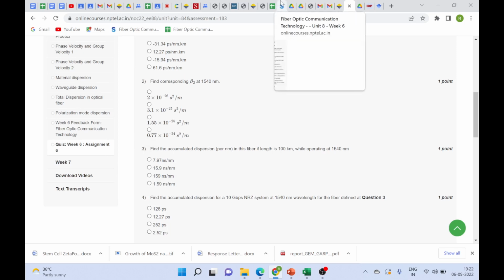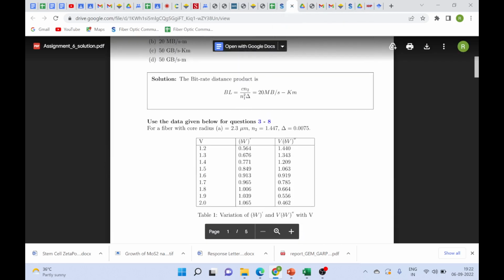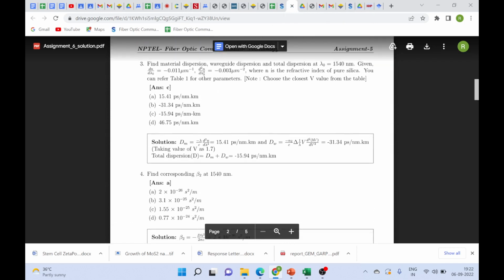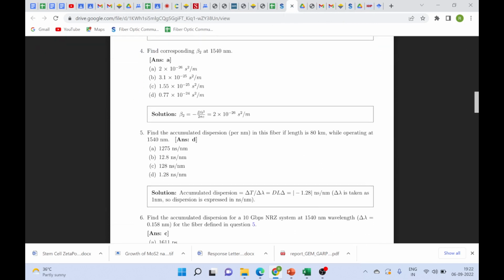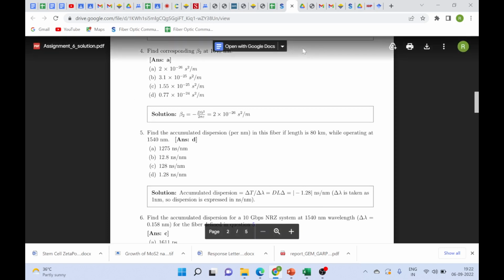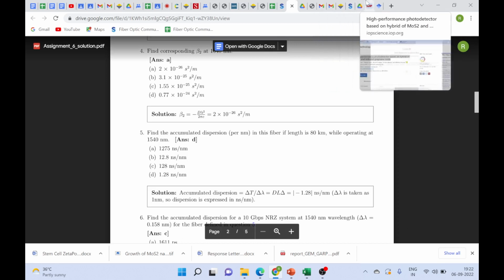Accumulated dispersion in the fiber if the length is 100 kilometer while operating at 1540 nanometer. Okay, we will take that question. I will take that. Okay. Thank you.